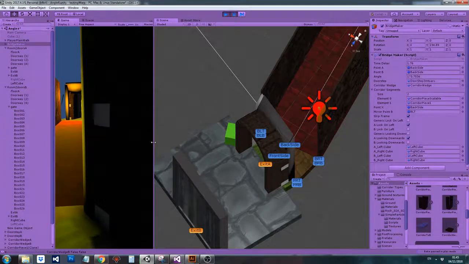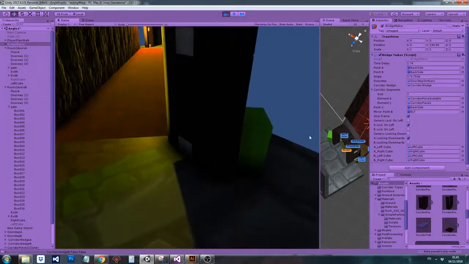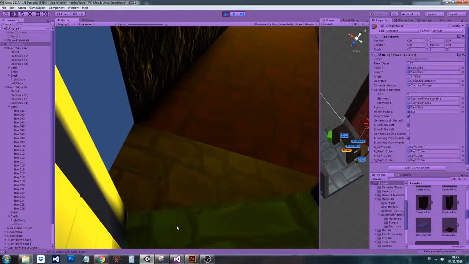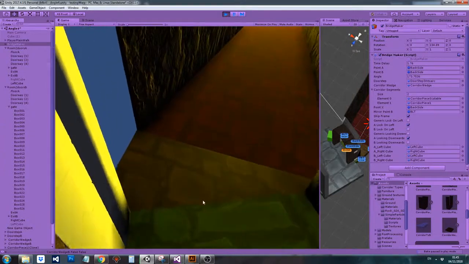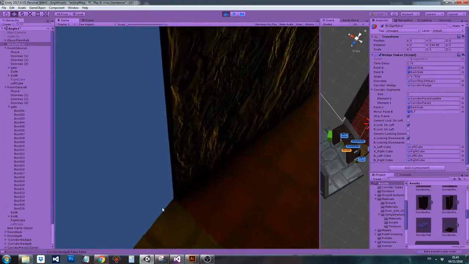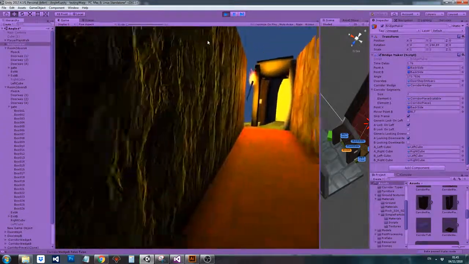And you can see it in the game. There's no flickering between the textures there, because they're perfectly snapped together. And we've got our lovely wall.